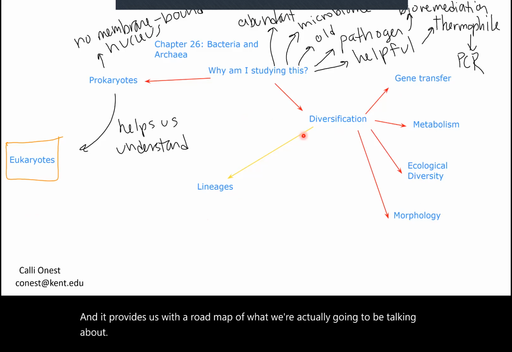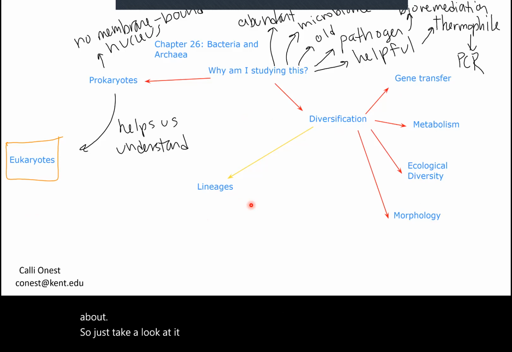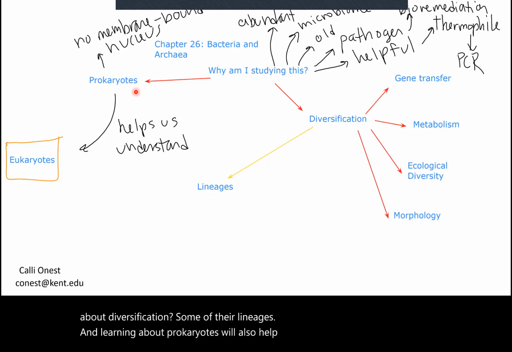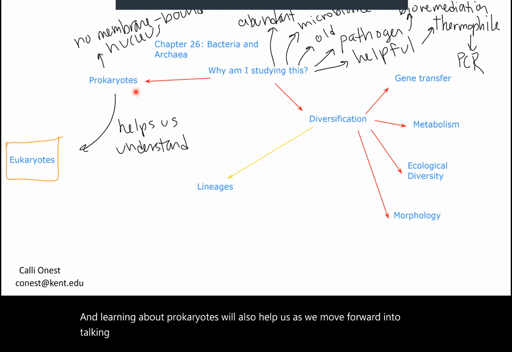So just take a look at it and let me know if you think it's helpful as well. So we're going to talk about why bacteria and archaea are important to learn about, diversification, some of their lineages, and learning about prokaryotes will also help us as we move forward into talking about eukaryotes.